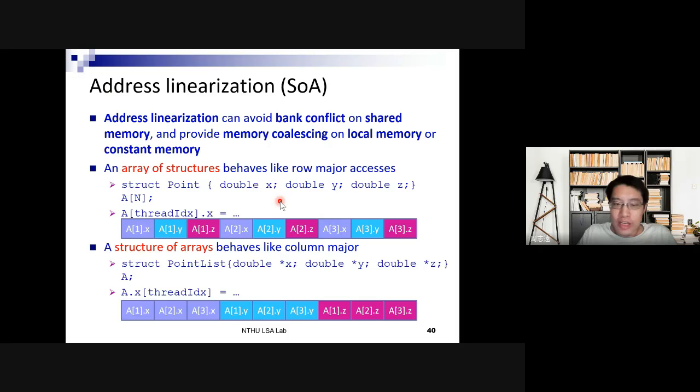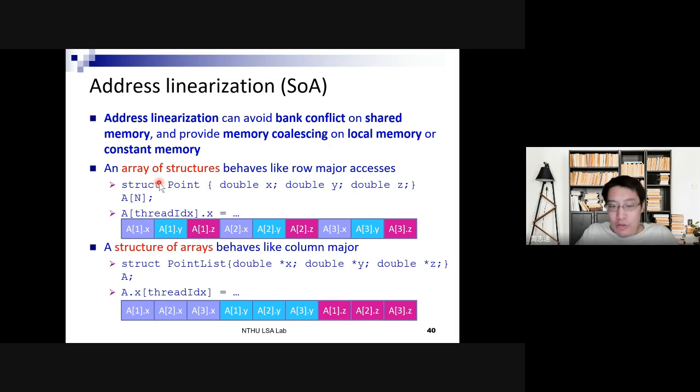In the past, if it's on a CPU, a naive solution, it's very likely you will declare your variable like this, what we call the array of structures, because it's an array A with n elements, and every element is a struct that represents the coordinate of dimensions x, y, z. So this is usually how we define the structure to store this kind of data.